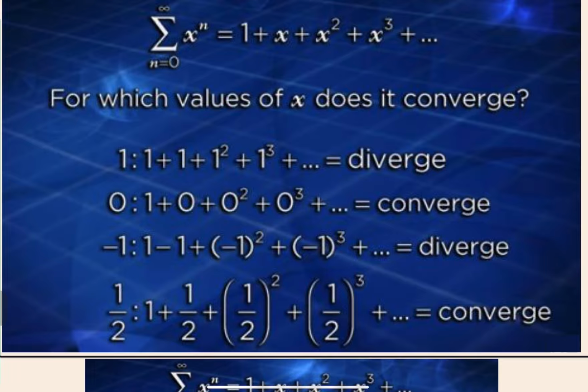So we could ask the obvious question: for what values of x does this series converge? For instance, does it converge at 1? When we replace x with 1, we get 1 plus 1 squared, 1 cubed, so it's 1 plus 1 plus 1 plus 1.